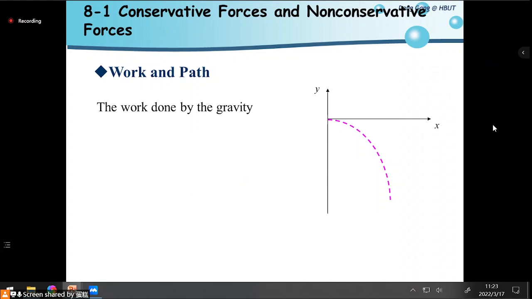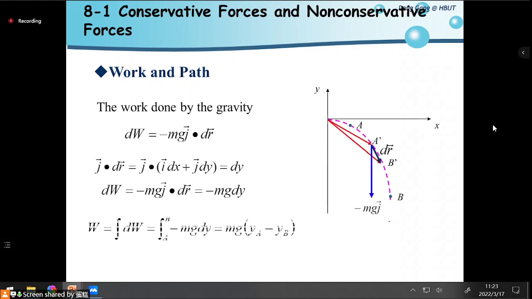Let's say an object is moving along this path, not straight, maybe not a free fall, from A to B. You will find that the work done by this force depends only on the position, not the particular path.